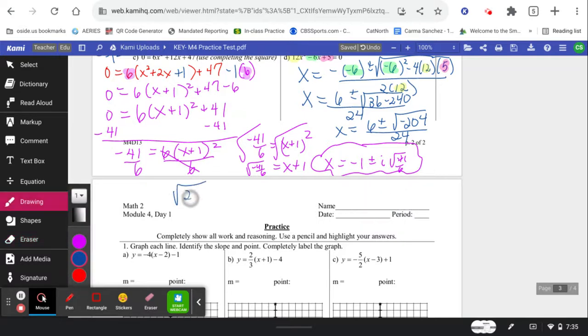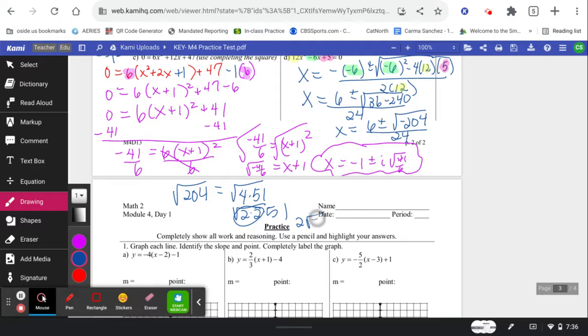So square root of 204. A 4 goes in 51 times. And a 4 can be broken down into 2 times 2. Now, the crazy thing about 51 is it's 17 times 3, which there's no more pairs to be made out of it. So we're literally going to leave the 51 still in there.